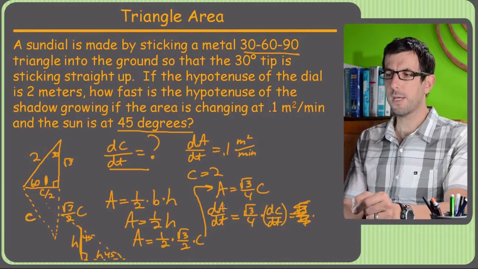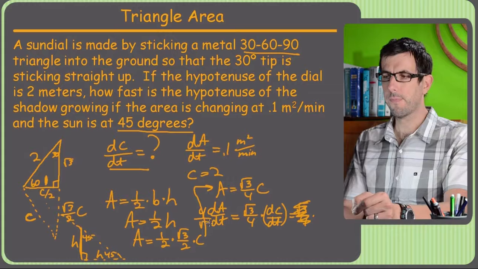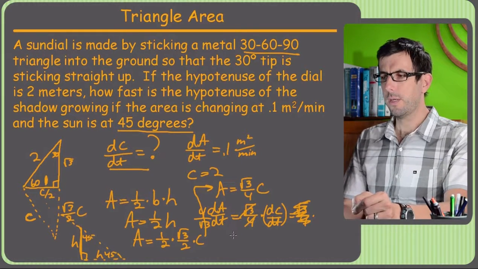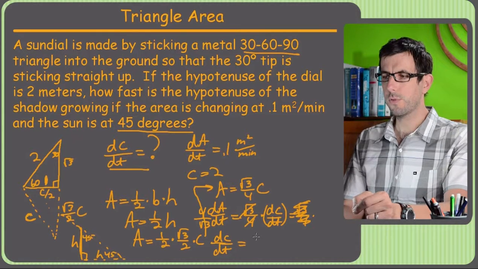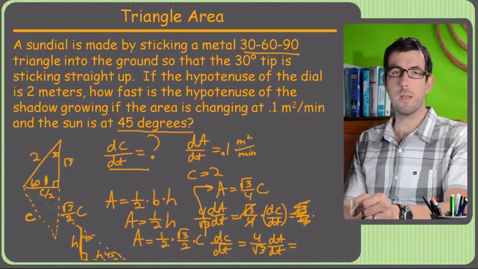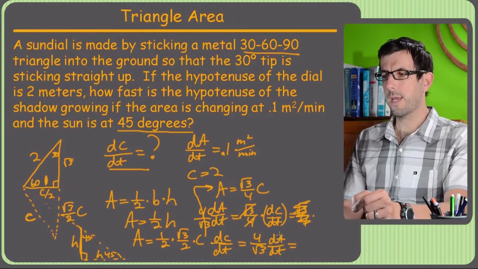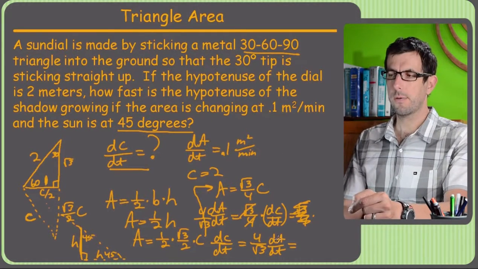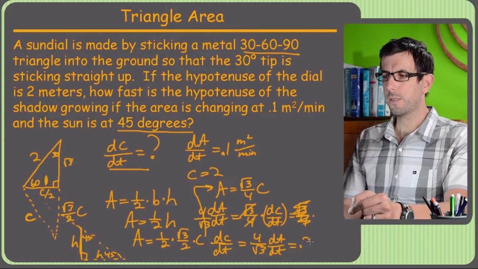We'll have to multiply both sides by 4/root 3 in order to cancel this out. So we get that dc/dt equals 4/root 3 times dA/dt. And then of course dA/dt they told me is 0.1. So I can just plug that in. I get 0.4/root 3, which is 0.23.